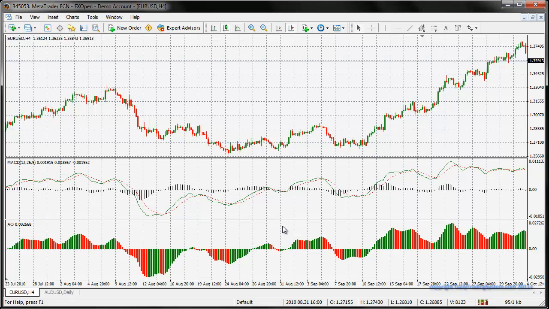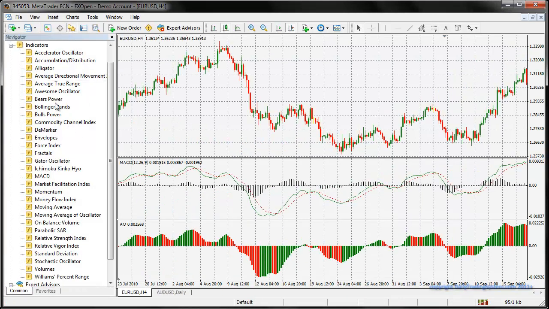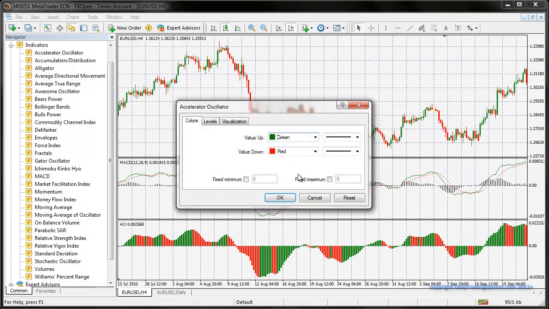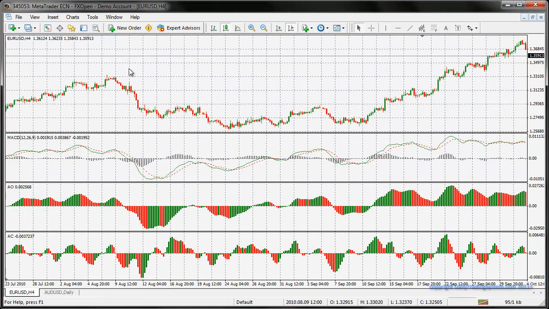Now this might look a little bit similar to another setup that we had previously, and if you're thinking that, you're right. We have the accelerator oscillator as well in one of our videos, and we were using it in conjunction with the iMACD.